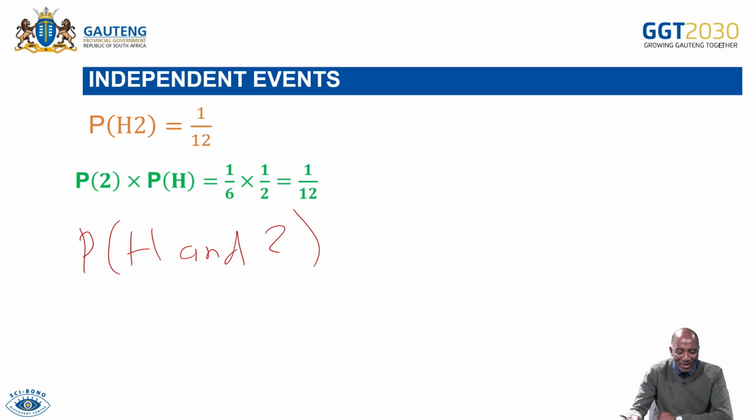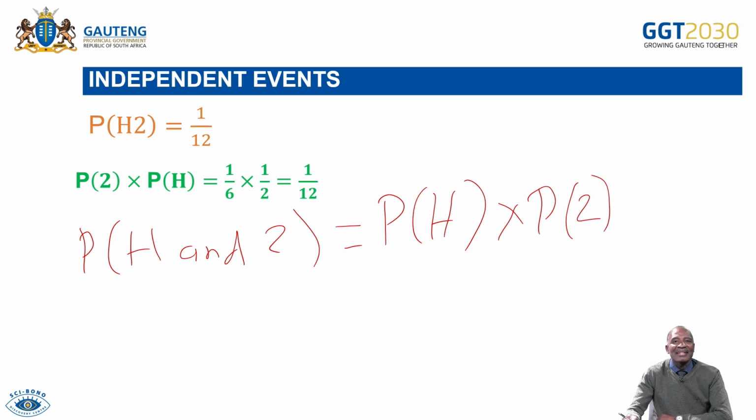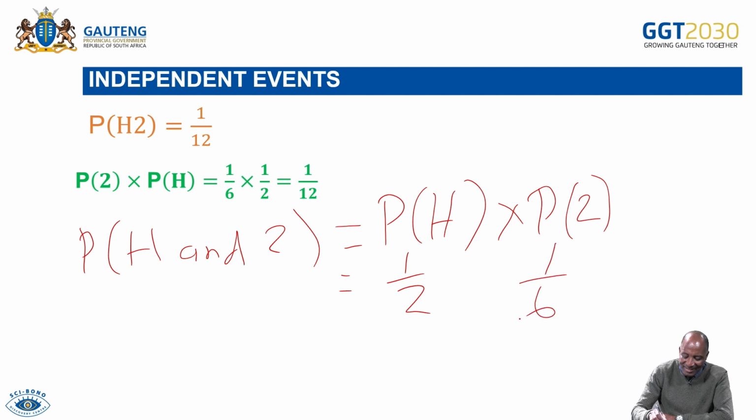So the probability of a head and a 2 is the same as the probability of head alone multiplied by the probability of our 2 from the dice. Because our answers were half, and here it was 1/6.